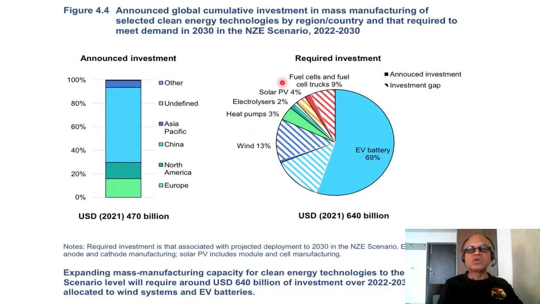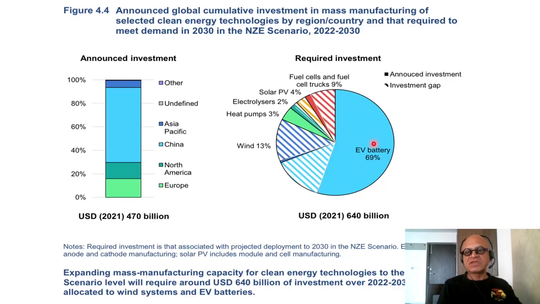Okay, announced global cumulative investment in mass manufacturing of selected clean energy technologies by region, country, and that required to meet demand in 2030 in the net zero emission scenario. So obviously what is announced and what is required, there are huge differences.